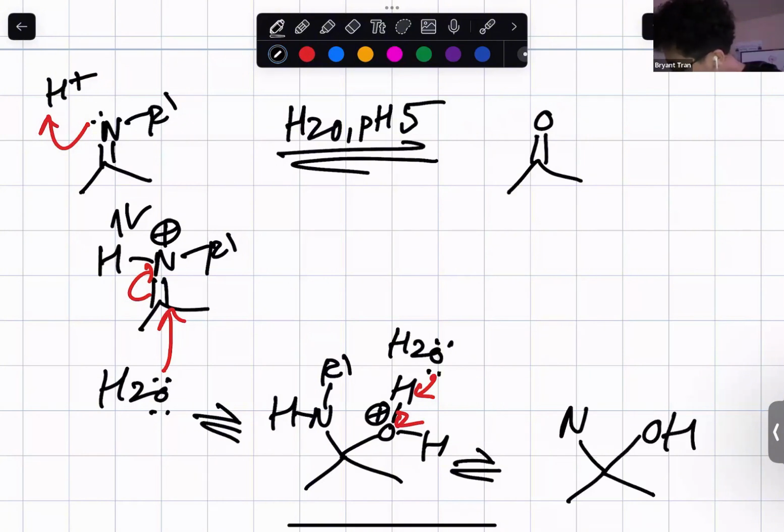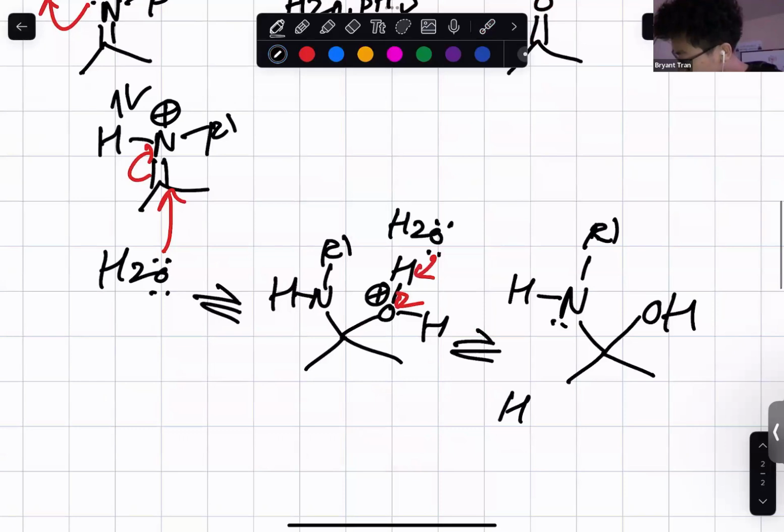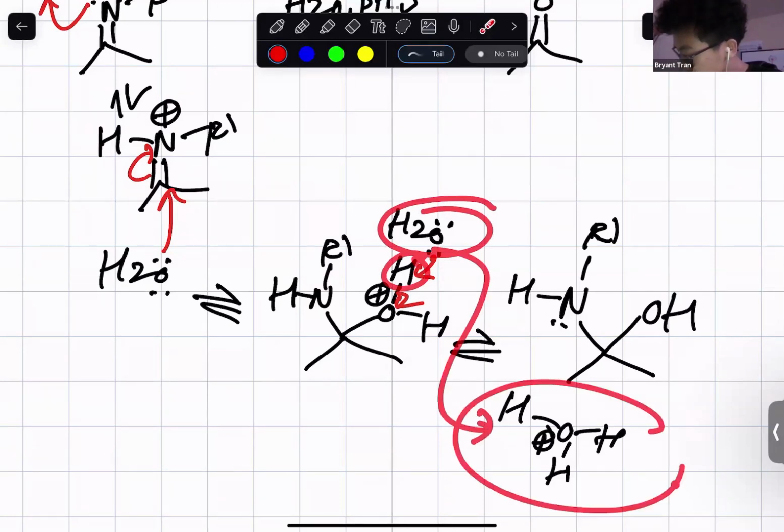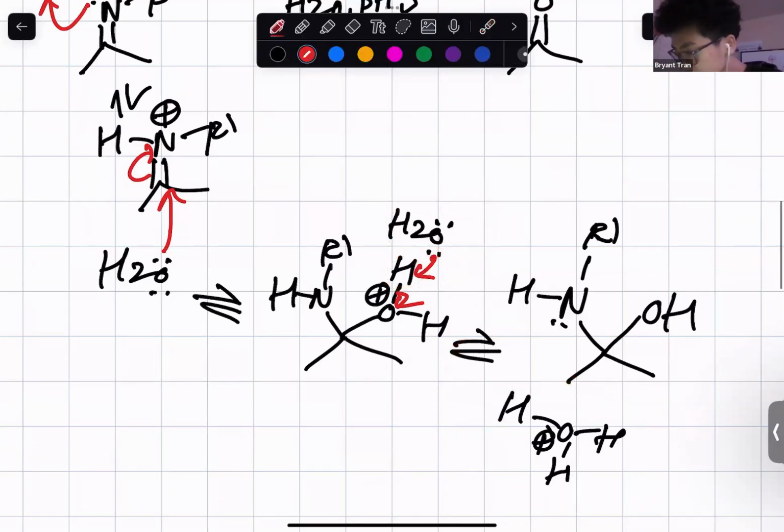And we want to convert this bad leaving group with the nitrogen into a good leaving group by protonating it. And we can use H2O plus because we just formed that in the last step. When water grabbed this hydrogen, it becomes H2O plus, which can be used in the next step to protonate this amine and convert it into this good leaving group here.